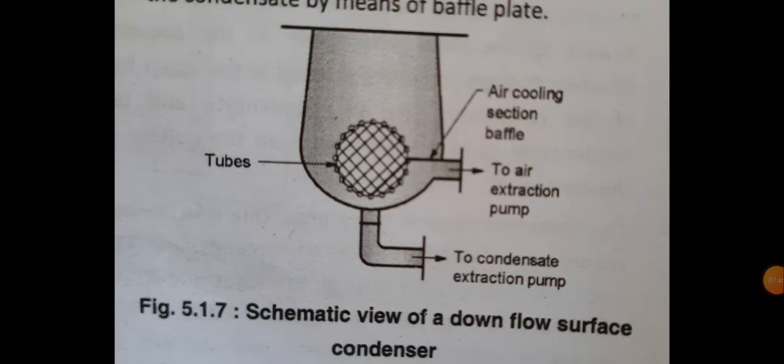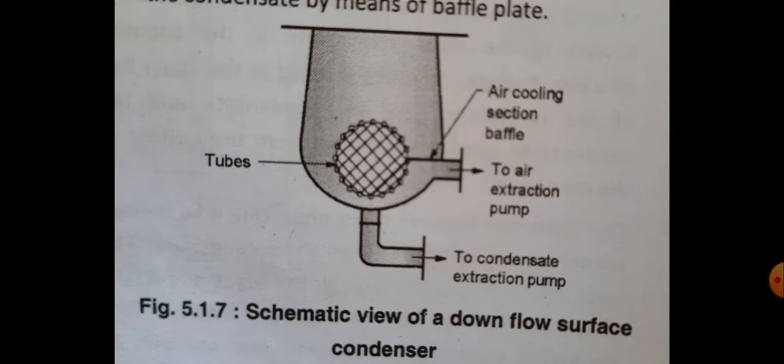Downflow surface condenser. Figure shows the sectional view of downflow condenser. The exhaust steam enters at the top and flows downwards over the tubes through which the cooling water is flowing.